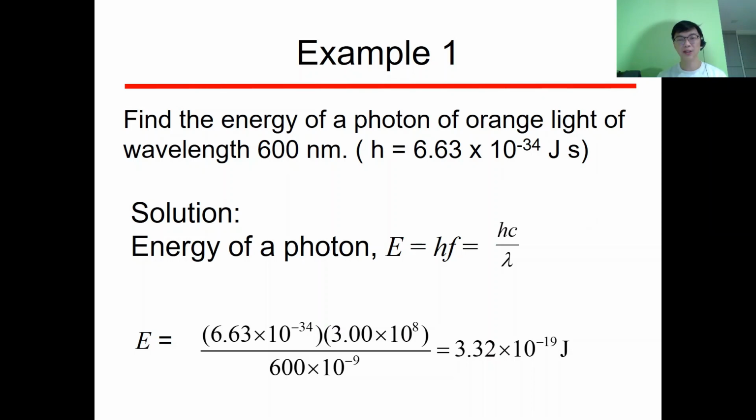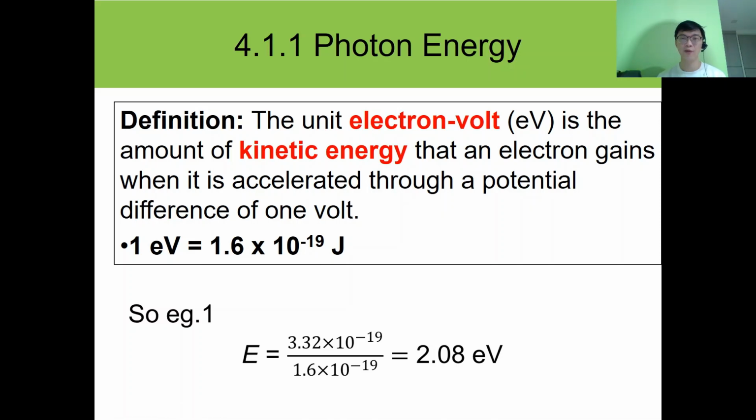Here I've expressed energy in joules. You can actually re-express energy in other forms like eV, which I'm doing now. This is actually a reminder. I believe that in electric fields you have learned this, so this is not new, but by now you must master this concept: the unit of electron volt is the amount of kinetic energy that an electron gains when accelerated through a potential difference of 1 volt.